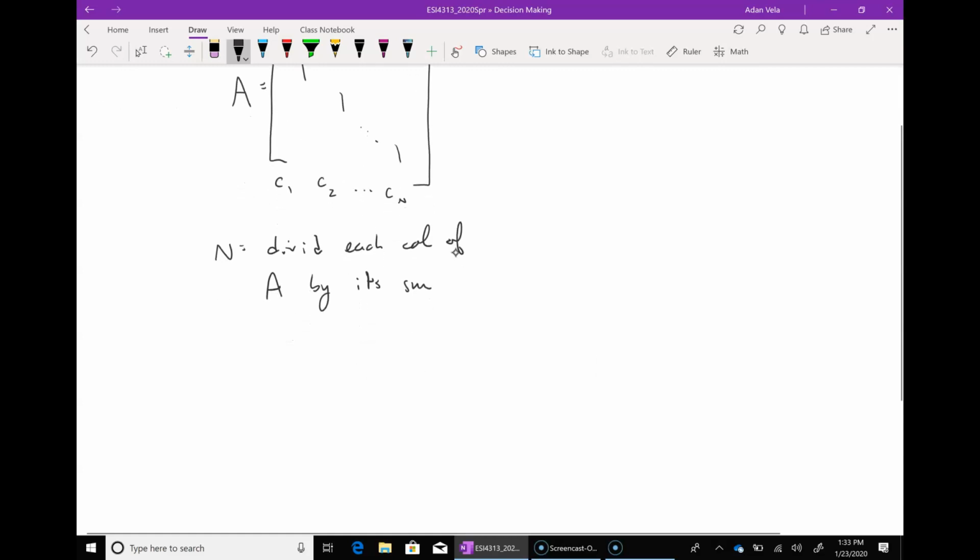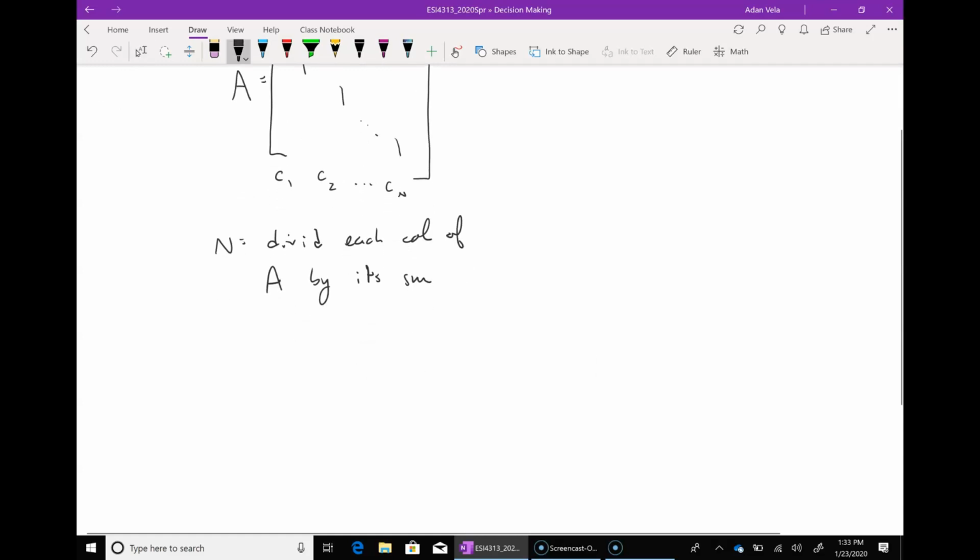Once we get that, we're going to have a matrix that looks like W11, W12, W13, W21, W22, W23, and this will repeat onward.